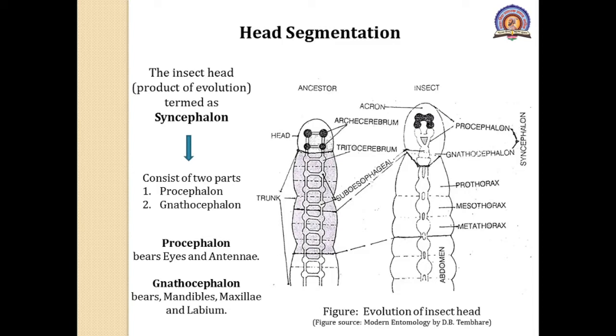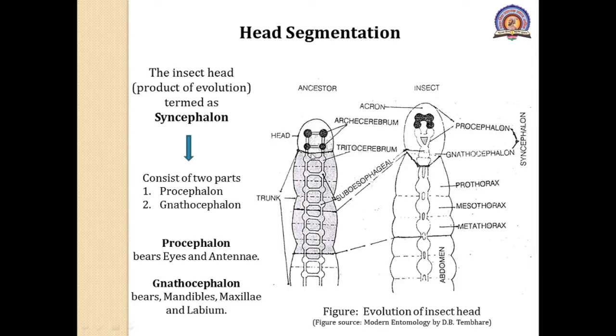So if you see this diagram, the first diagram is showing the basic plan of the ancestors, and the second diagram is the basic plan of the body of the insect. Now, as we have already learned in the previous chapter, the ancestors of the insects were annelid-like organisms.